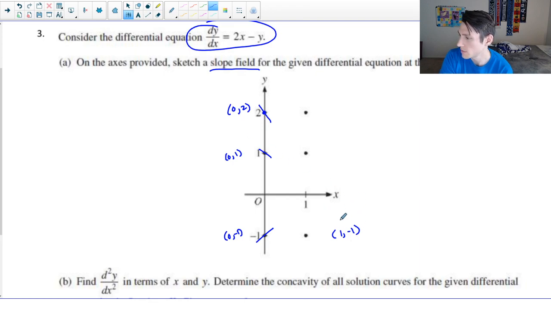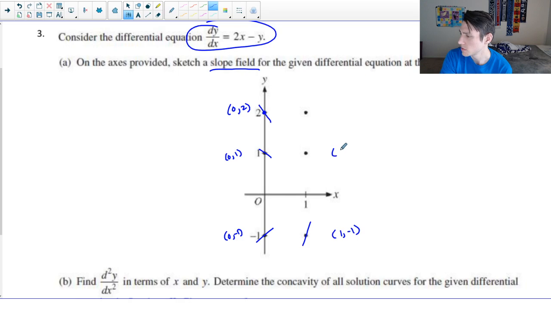Now I have an x value that's not 0. 2 times 1 is 2, minus negative 1, so that's positive 3. This should be pretty steep, steeper than the one up here, which was negative 2. It's going in the other direction because it's a positive slope, but it should be steeper as well.